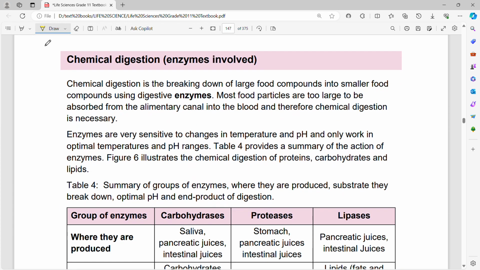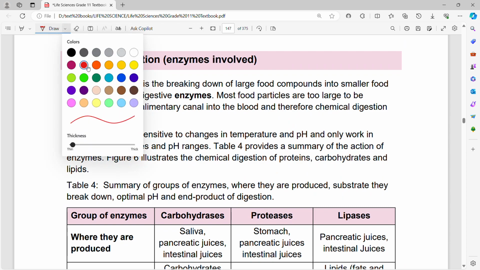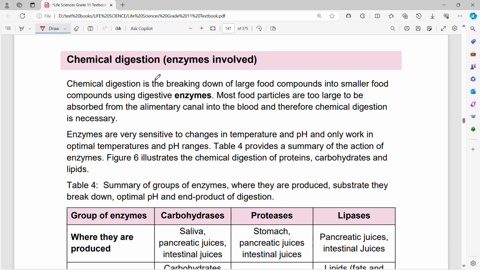Then we have chemical digestion. Enzymes will be involved in your chemical digestion because chemicals are involved, right? We need something to break them down. Chemical digestion is the breaking down of large food compounds into smaller food compounds using digestive enzymes.